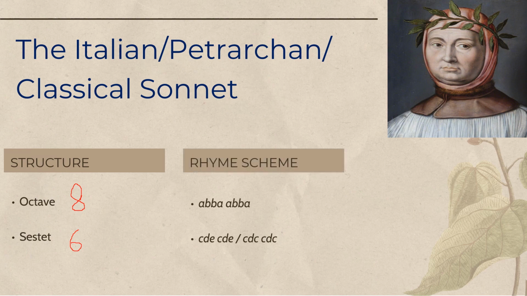We can see what the rhyme scheme of these lines are. The octave would generally have the rhyme scheme or pattern of A, B, B, A, A, B, B, A, and the sestet would have C, D, E, C, D, E, or C, D, C, C, D, C. So this is a common rhyme scheme of the Italian or Petrarchan sonnet form, but this form is not limited to this rhyme scheme alone, because many poets would be following some other rhyme scheme as well.